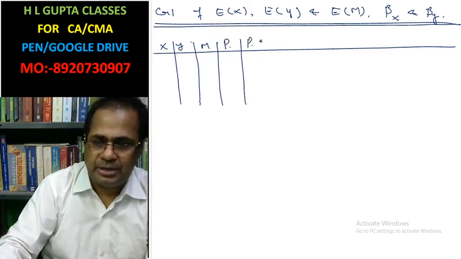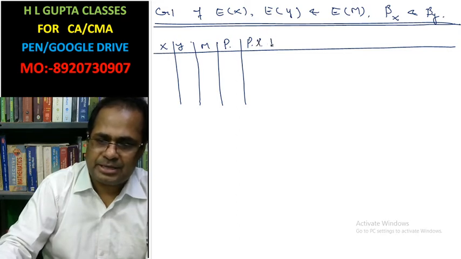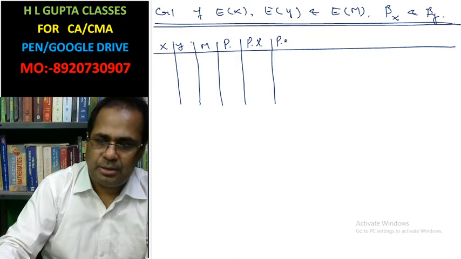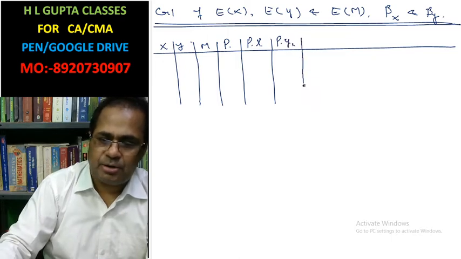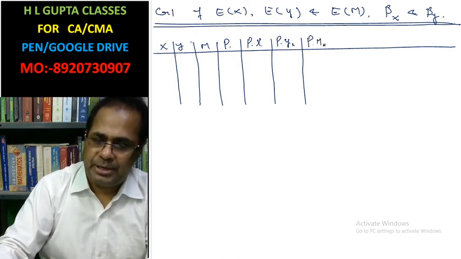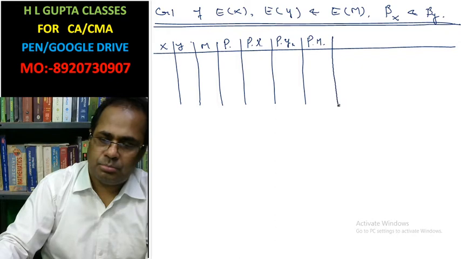This is Pi Xi, expected return of X. Pi Yi, expected return of Y. Thereafter, you calculate Pi Mi, expected return of market.